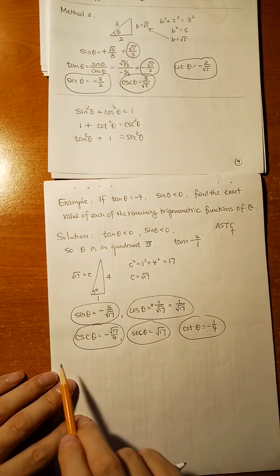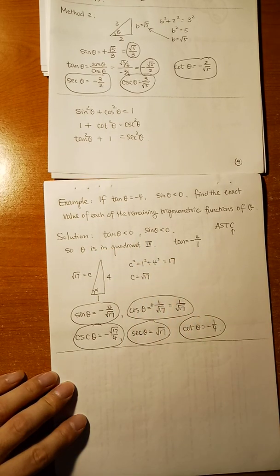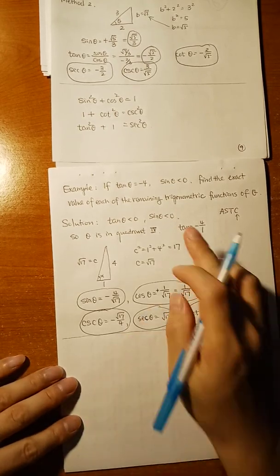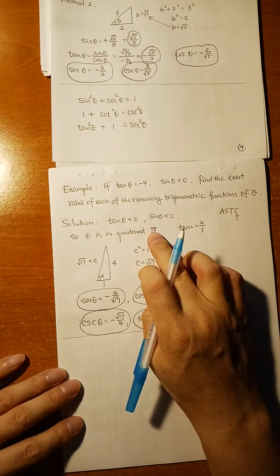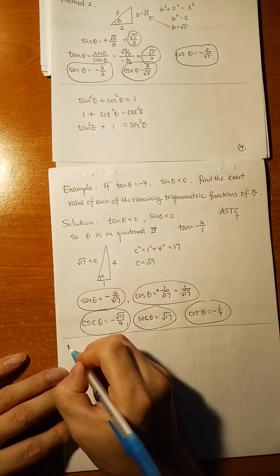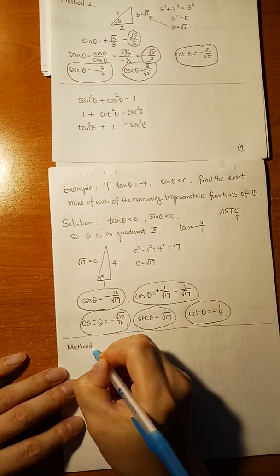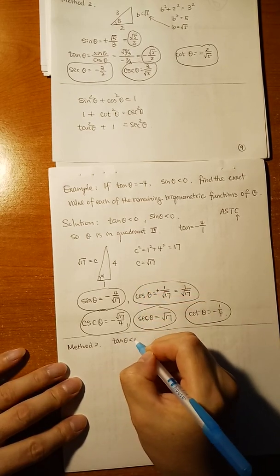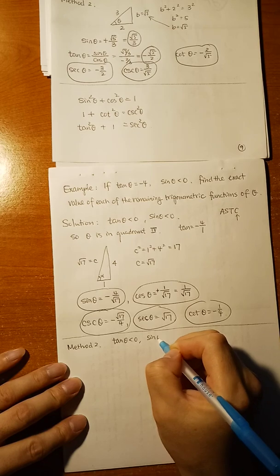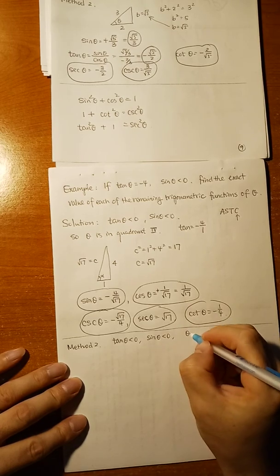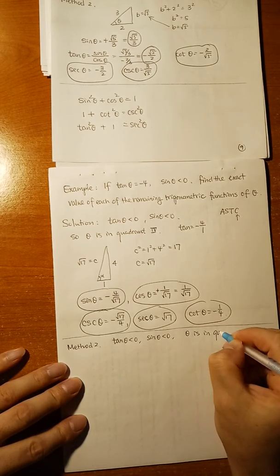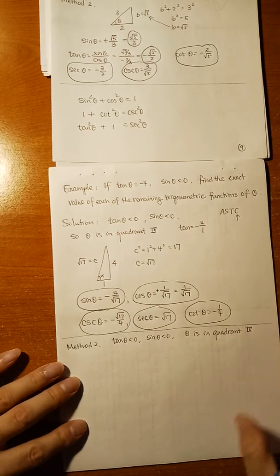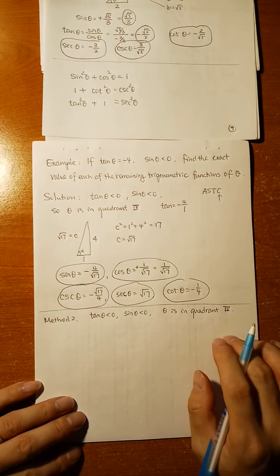Let's see if we use the algebra. Still we need to determine which quadrant theta is in. So method 2. Tangent theta negative, sine theta negative, so theta is in quadrant 4. This is always required, necessary, important.